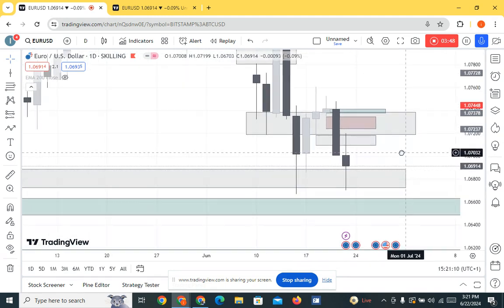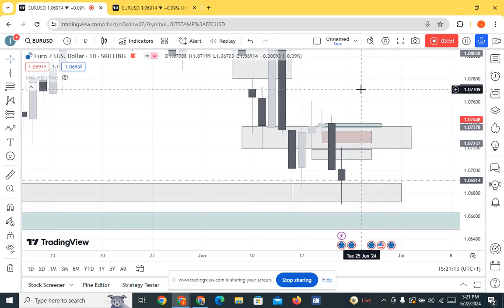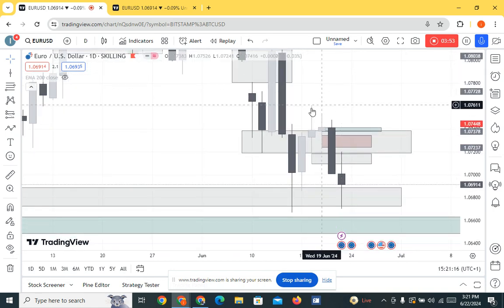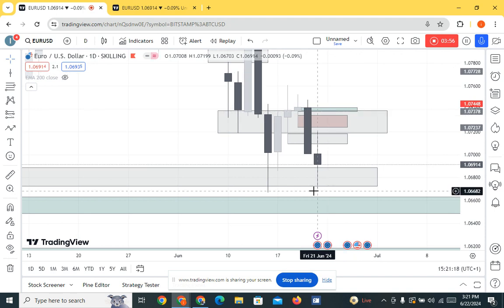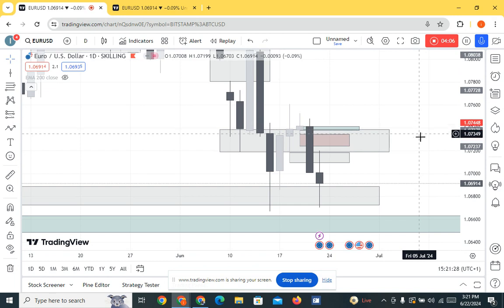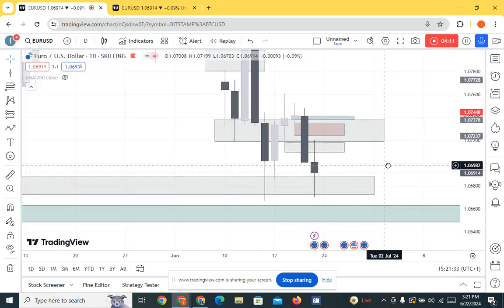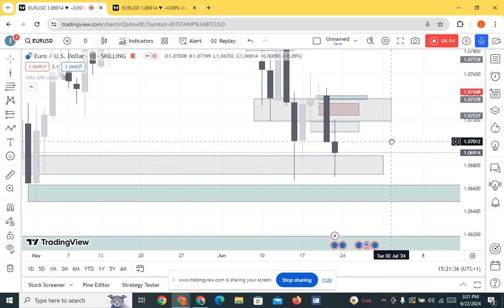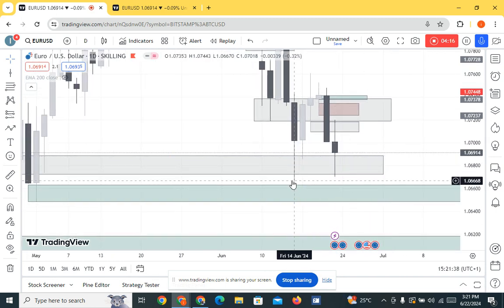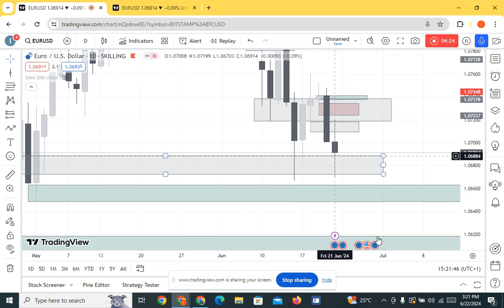Now if price were to retrace right up until this level, or any level here on the lower time frame, then price would have at least taken out liquidity. Price would have taken out this liquidity resting below here before continuing higher, but price didn't do that. That means these levels right here are still levels that can act as our targets if we're selling.